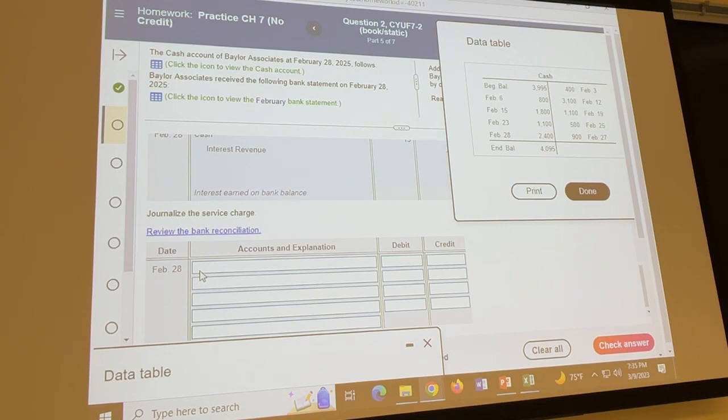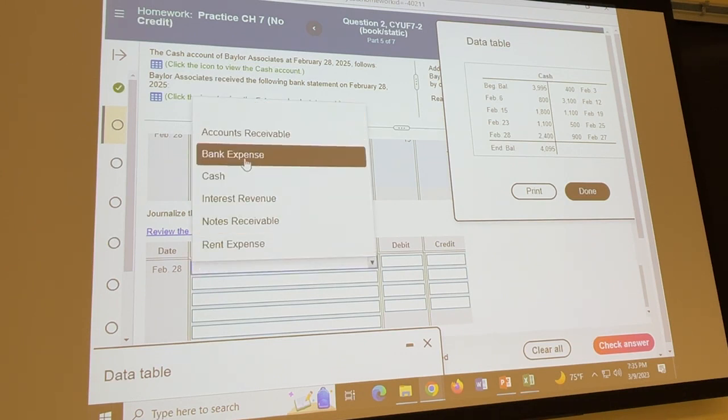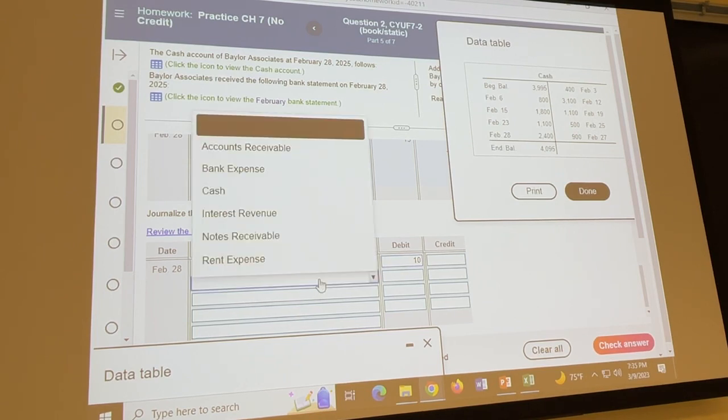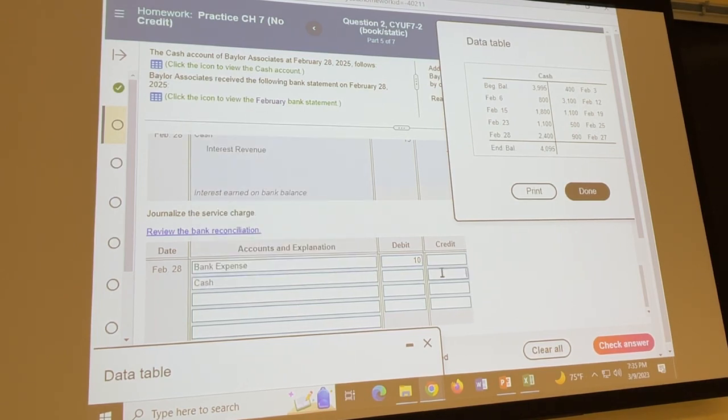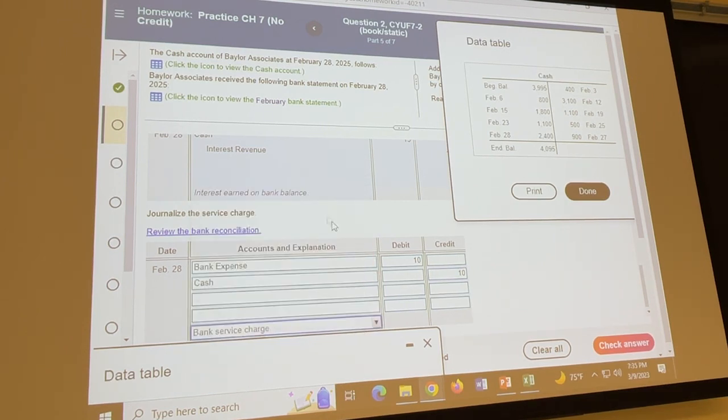So now we're going to want to debit an expense account, and so apparently the one we should use for this will be bank expense, $10, and then the credit will be to cash. And we'll put bank service charge.